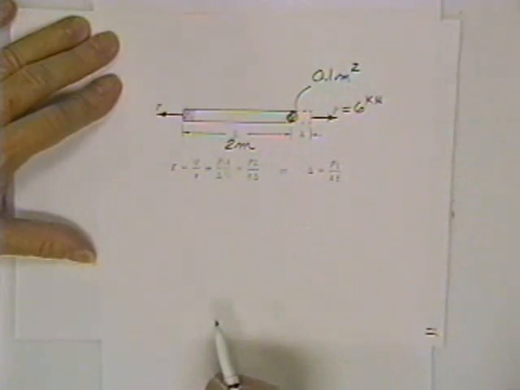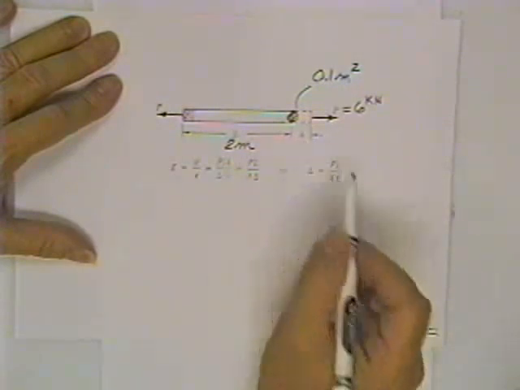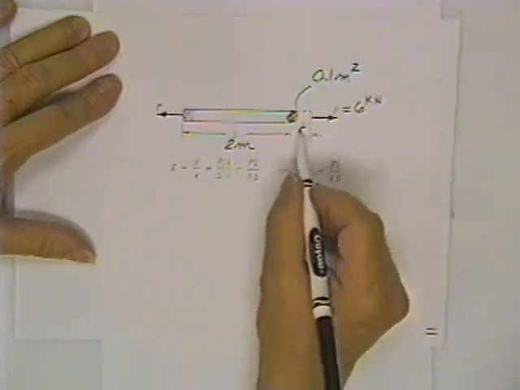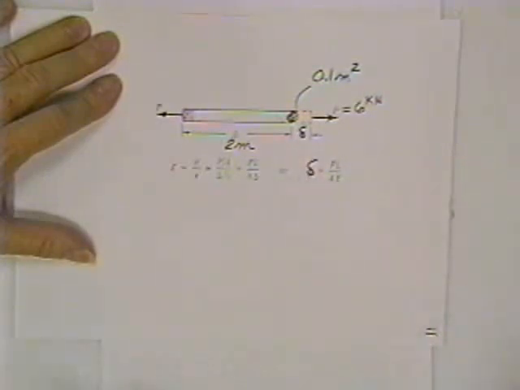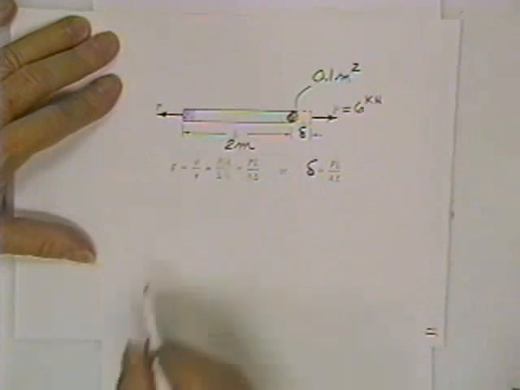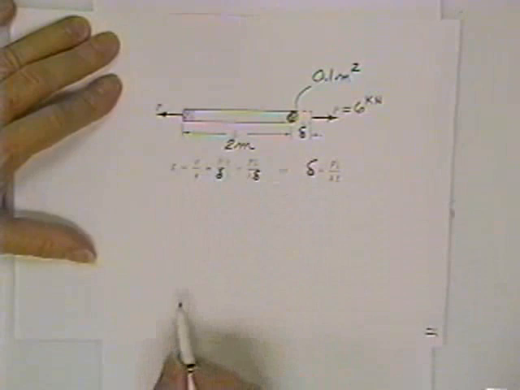And if you know what kind of material it's made out of, you should be able to find how long it gets. That symbol should be this kind of a delta, simply because that's the symbol used in the book. So change that to the other kind of delta.